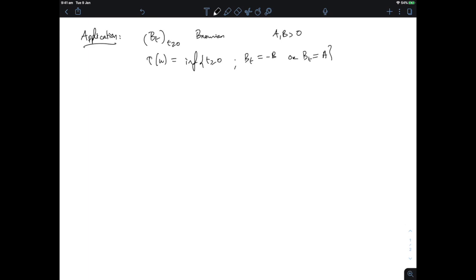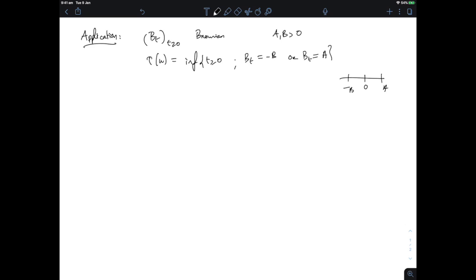I want to know the probability that the Brownian motion will exit the interval (minus B, A) from the right rather than the left, and I want to know the expected time at which it would happen.